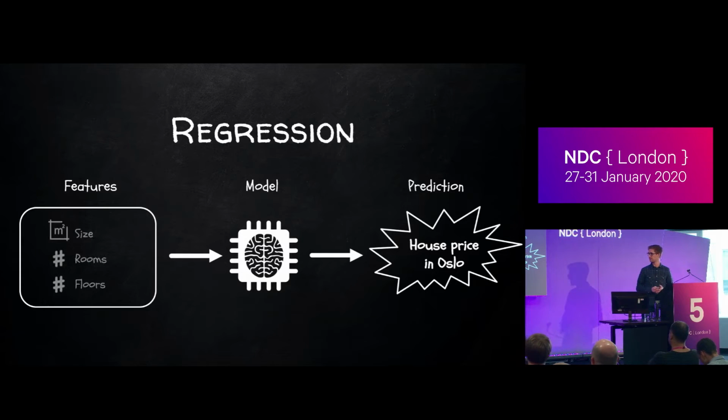So in this case, for example, the size of a house says something about the price of a house. I'm guessing also the number of rooms. If there are more rooms in a house, I would guess that a house becomes more expensive. And the same with the number of floors. So this is how we can select features.